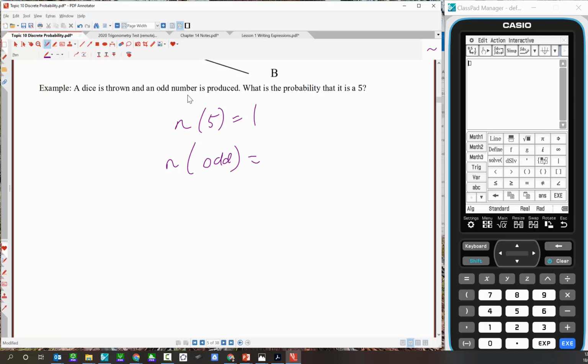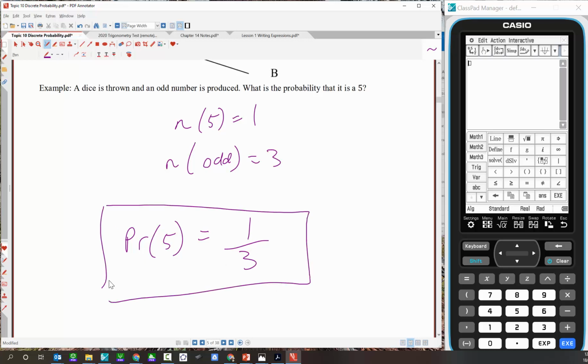We know that an odd number is produced, so the number of ways of getting an odd number is 3. So what is the probability of getting a 5 in this instance? It's actually going to be a 1 in 3 chance, not a 1 in 6 chance, because I know that the answer is odd. So again, note that we can think through conditional probability and apply logic to it rather than formulas.